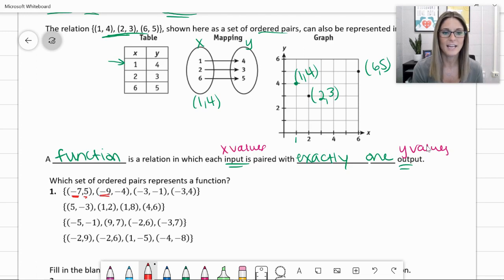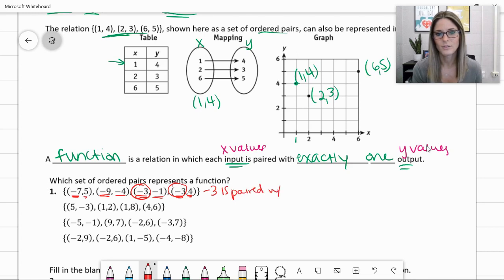Okay, -9 is paired with -4. -3 is paired with -1, but look at this last one. -3 is also paired with 4. -3 was paired with -1 and with 4. The definition of a function is the X value is paired with only one Y. In this first relation, it's paired with two things. That's not right. That's not a function.